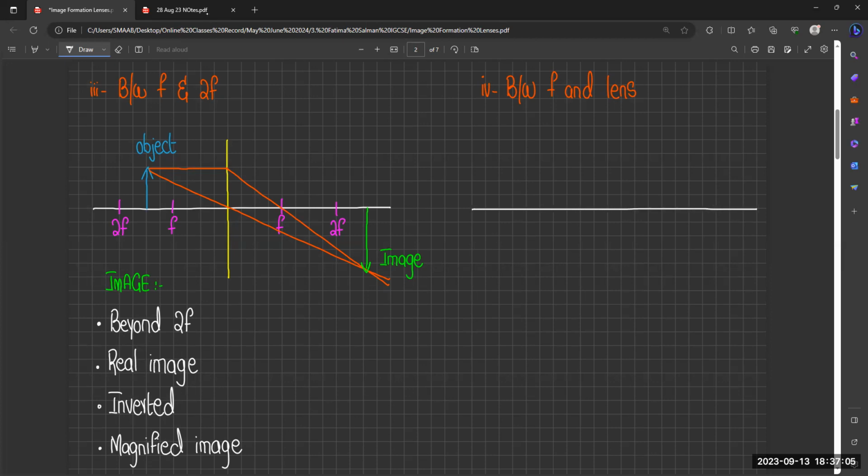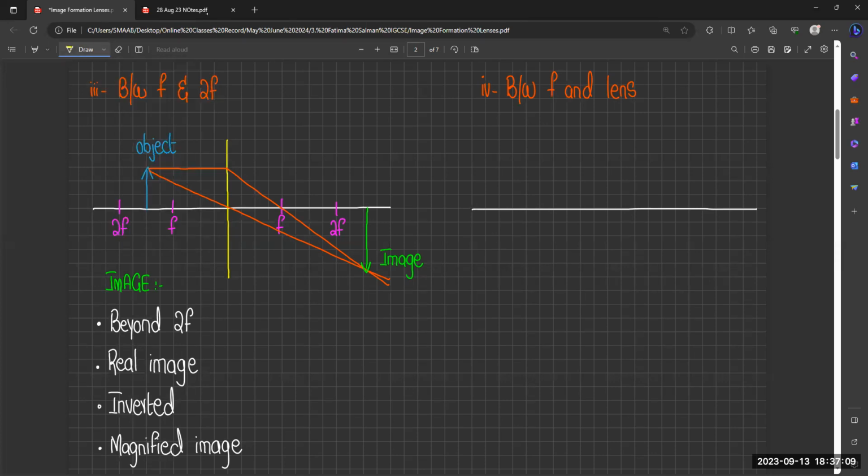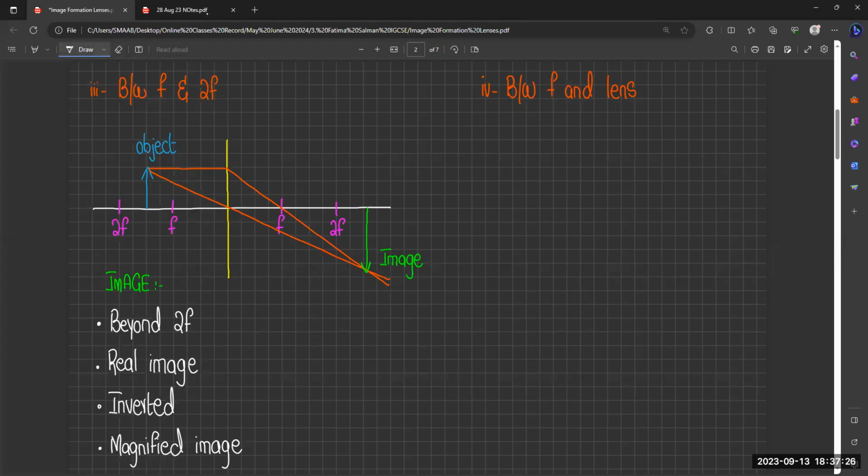So this is our principal axis again. And we just shift this principal axis slightly lower because we are going to consider a virtual image, so we need more space.